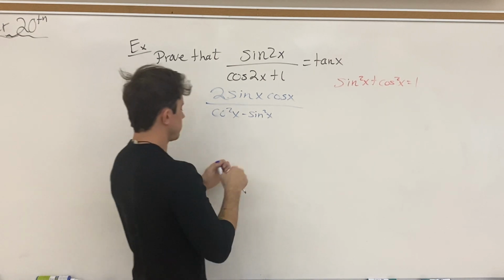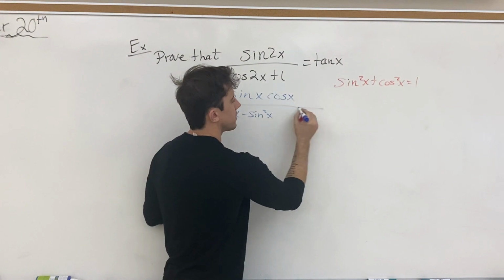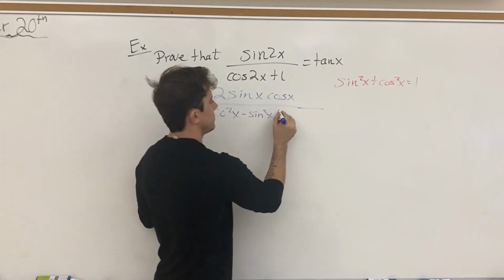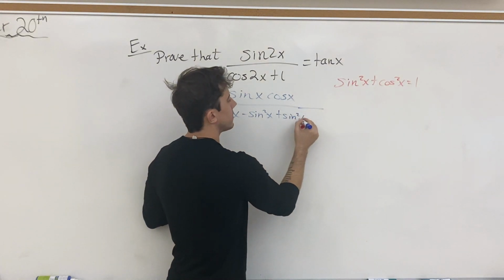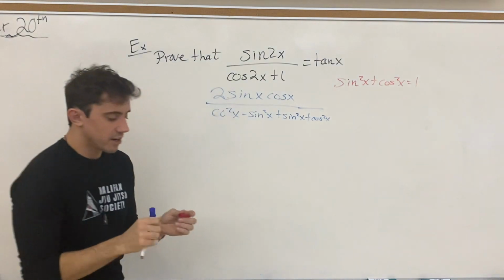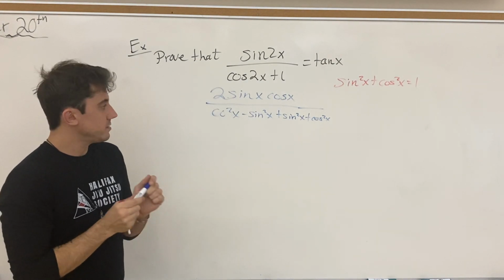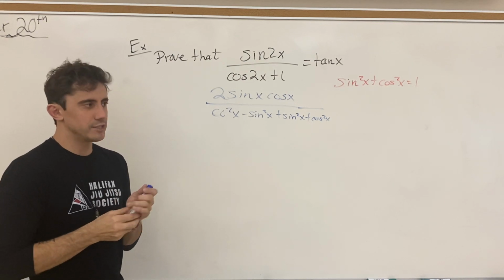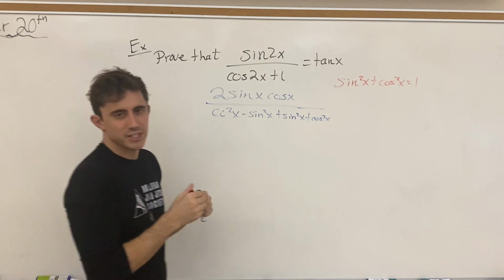So just by kind of a hunch, I'm gonna make the plus 1 become plus sine squared x plus cos squared x, okay? Again, it's just a hunch. Eventually, as you do more and more of these, your gut instincts will lead you to more efficient pathways, but it's really just a matter of practice.